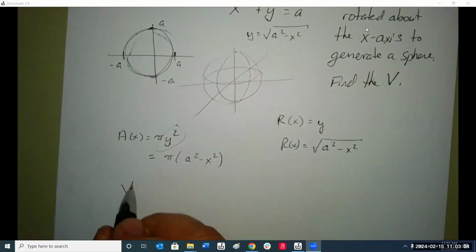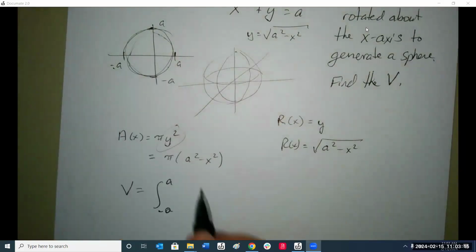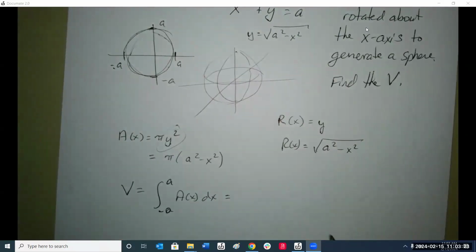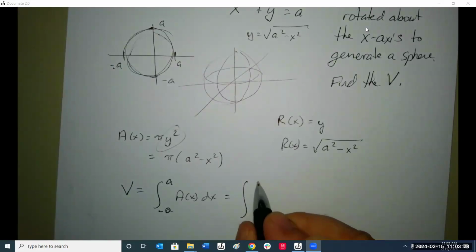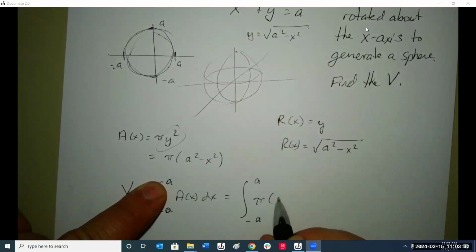All right, so the volume goes from negative a to positive a of the area. This formula, a squared minus x squared.